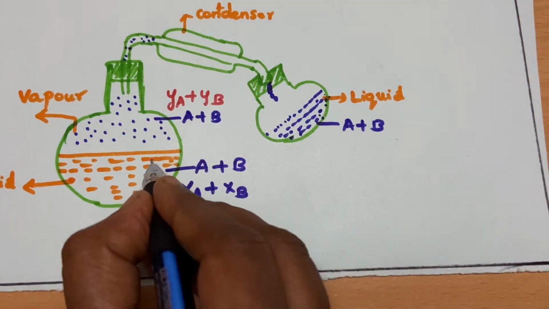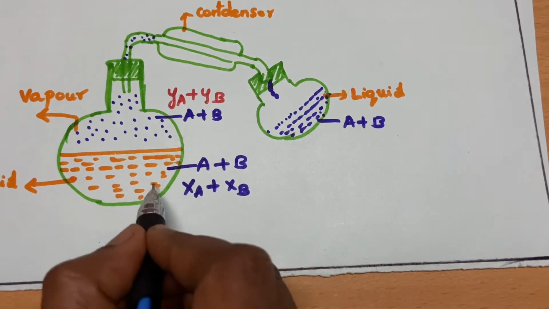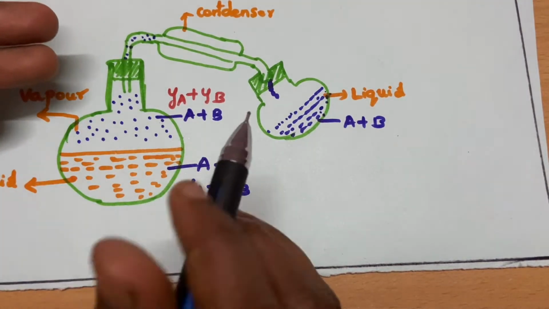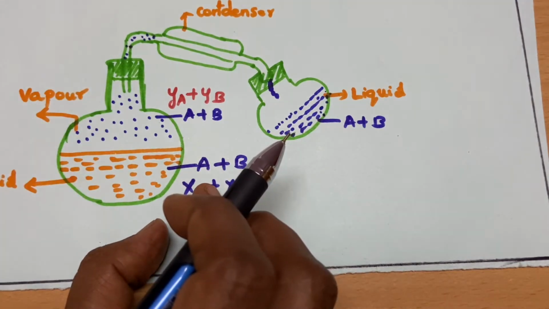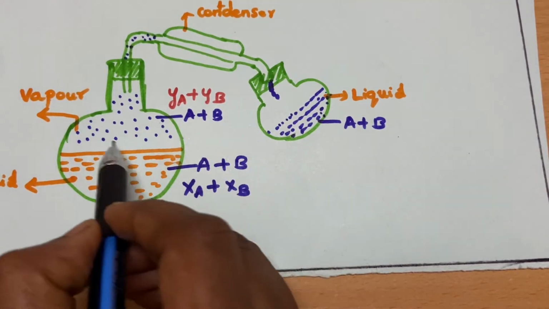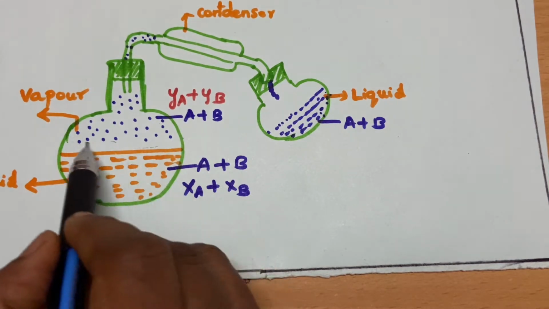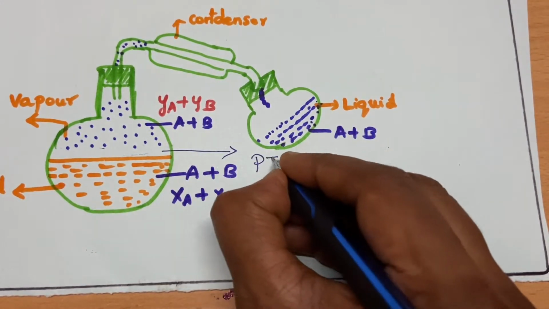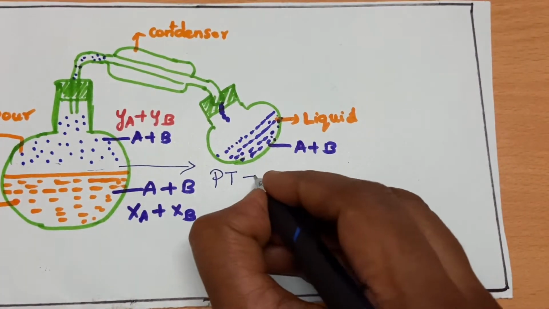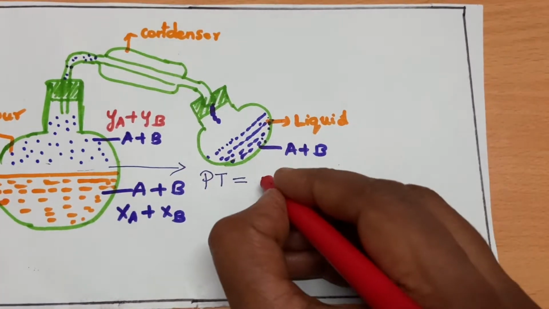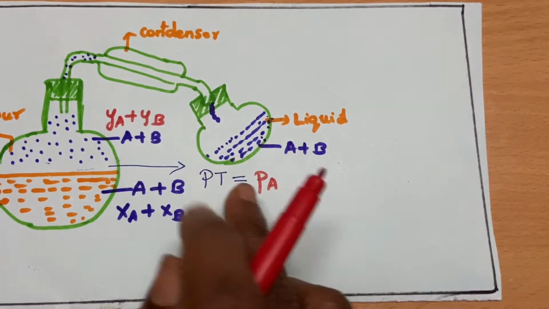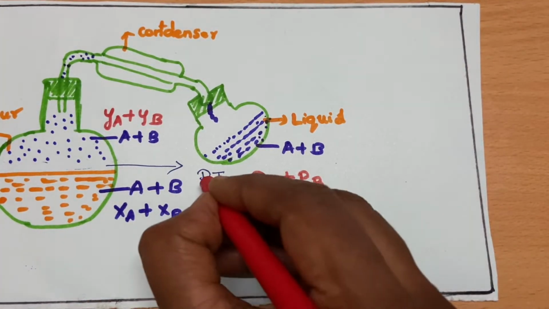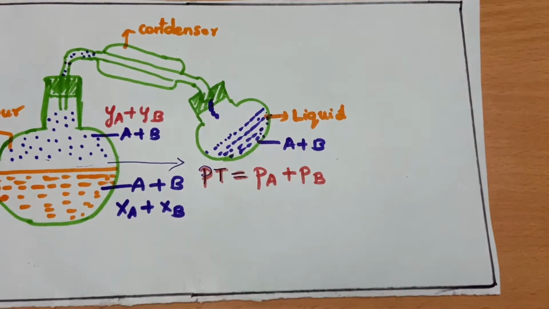This is a volatile liquid, and there will be an equilibrium between the molecules in the vapor state and in the liquid state. Here there will be vapors and a total pressure, referred to as PT, which can be derived from the summation of the partial pressure of molecule A and the partial pressure of molecule B. This is the total pressure.